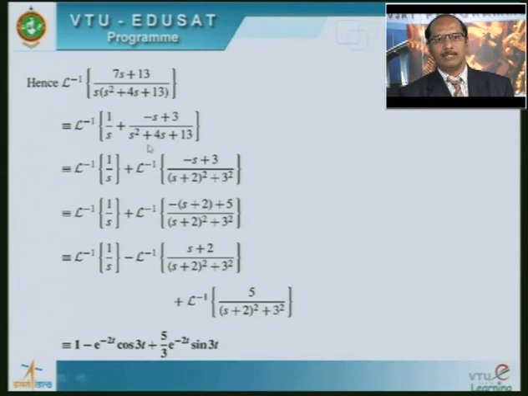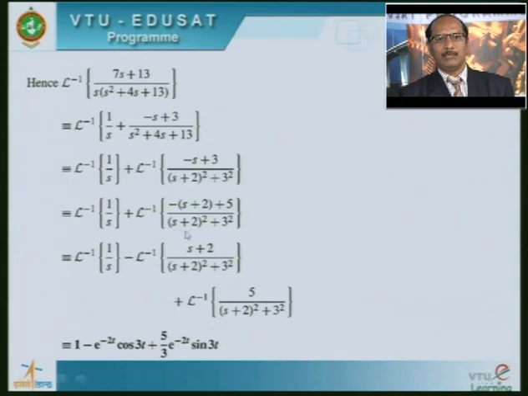How is it written? s square plus 4s plus 13, using the completing square method, is (s plus 2) whole square, where the k value is 4; as per the formula, k by 2 gives s plus 2 whole square, plus k square by 4, which is 4. Then 13 is written as 4 plus 9, that is 3 square. If you simplify, s square plus 4s plus 4 plus 9, the addition 4 plus 9 is 13. So, this is simplified by the completing square method.